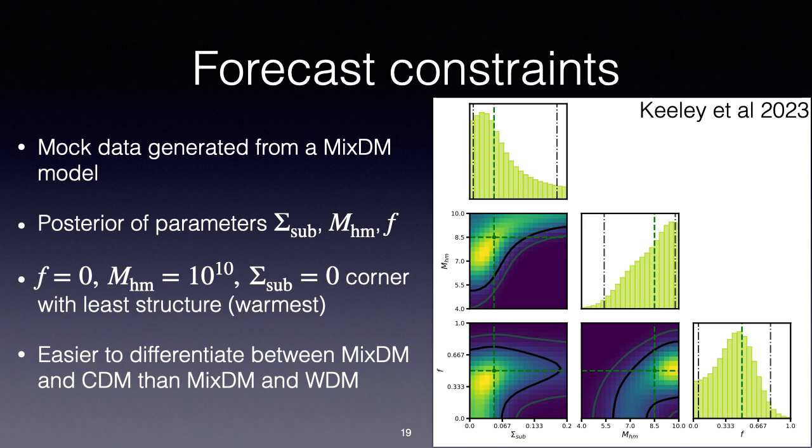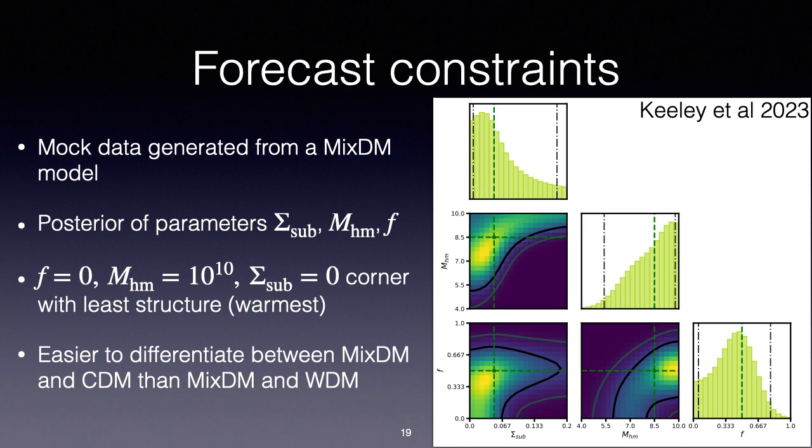In principle, even in cold dark matter, the simplest dark matter model, we don't really know how small scale things should affect subhalos, so sigma sub is supposed to capture physics like stripping of subhalos and their destruction. The other parameters are ones I introduced previously, the half-mode mass and the fraction.